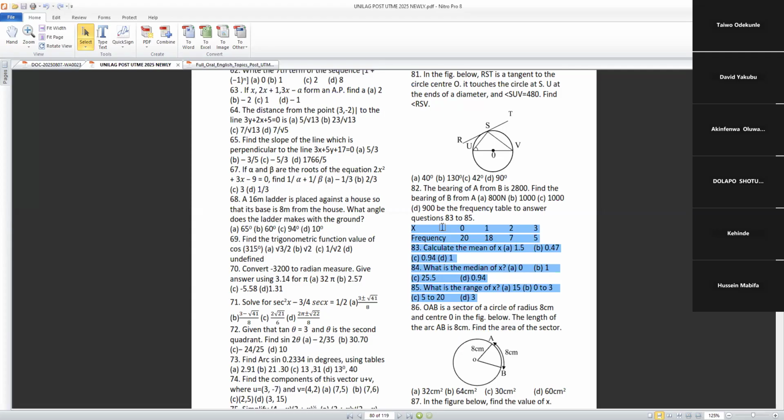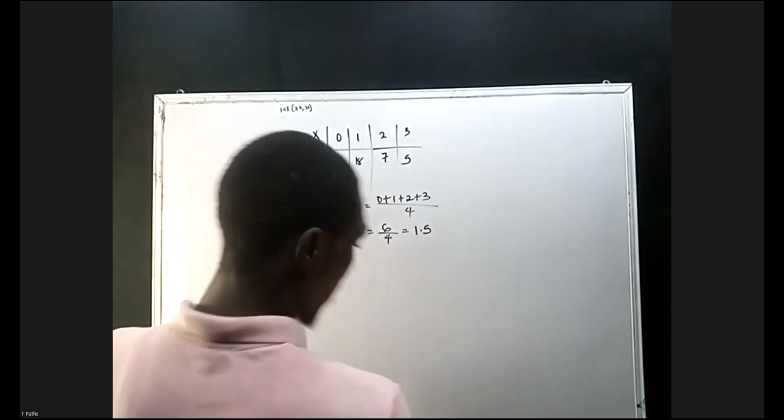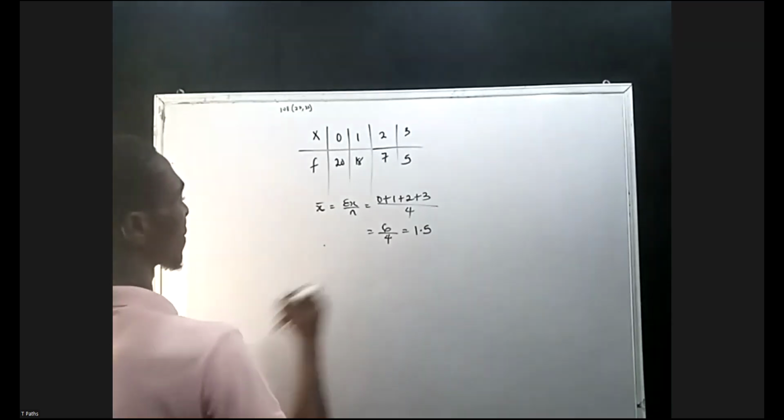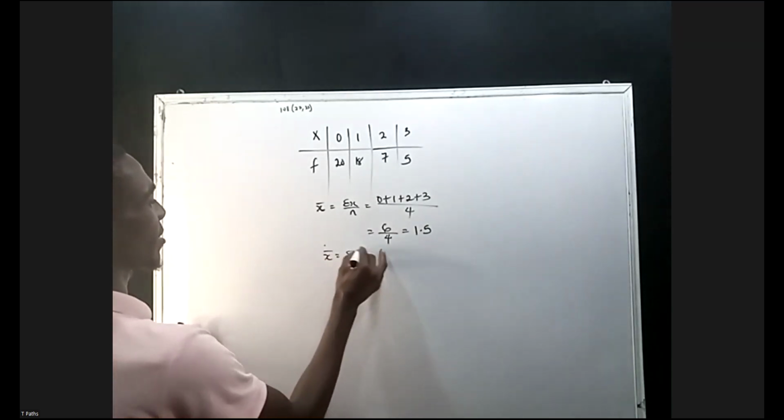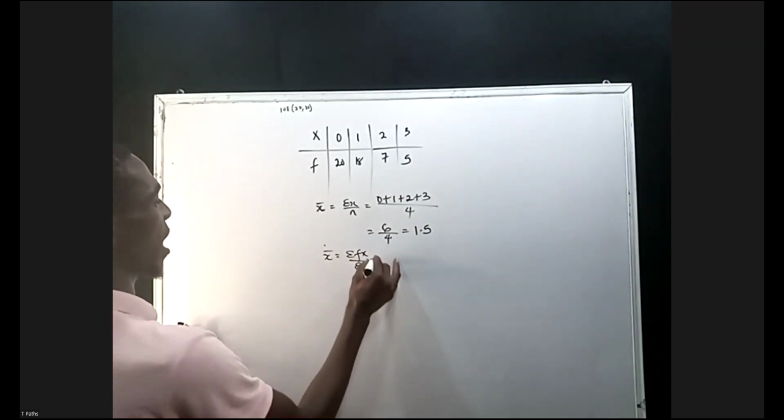Is that clear? Shall we? Yes, sir. So let's use the idea of the frequency table now. So this comes into play. Mean is summation fx over summation f.